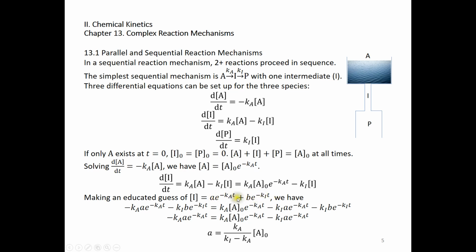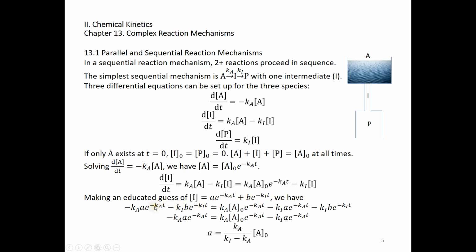Now we plug this into here and here. On the left hand side, we just take the derivative of I this way. On the right hand side, we just express this I in terms of linear combination of these two exponential functions.